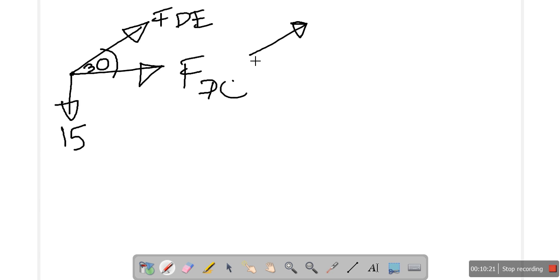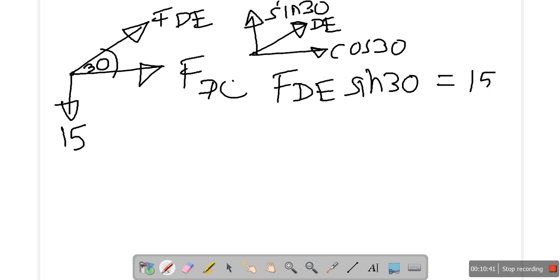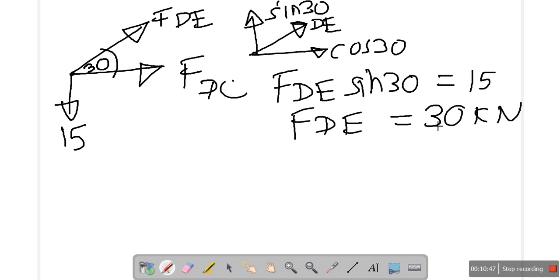One is cos 30 and a vertical component as sin 30. It is the vertical component which will be equal to 15. So I get FDE sin 30 equal to 15, and that gives me FDE as 30 kilonewton.